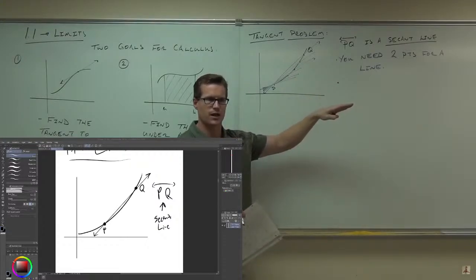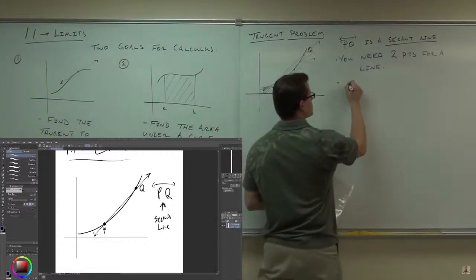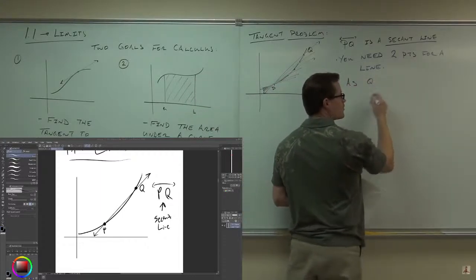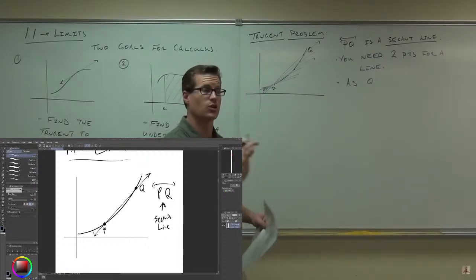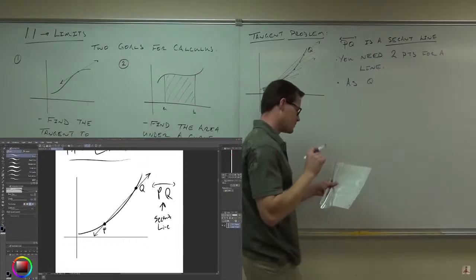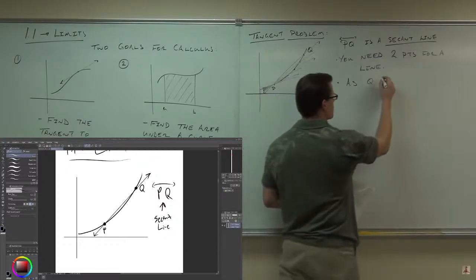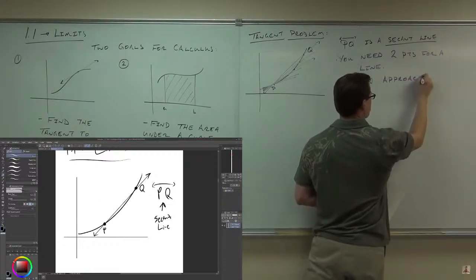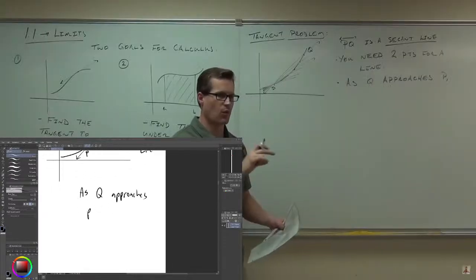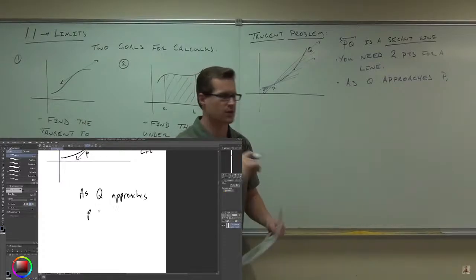Now, have you understood that? Okay. So as Q approaches P, we're going to use that word, limits as well. Approaches means gets closer to. As Q approaches P, we get closer to a tangent, or in other words, the secant more closely approximates the tangent.